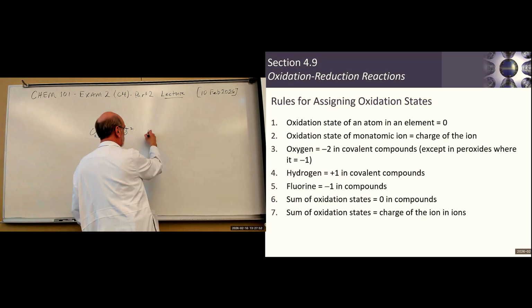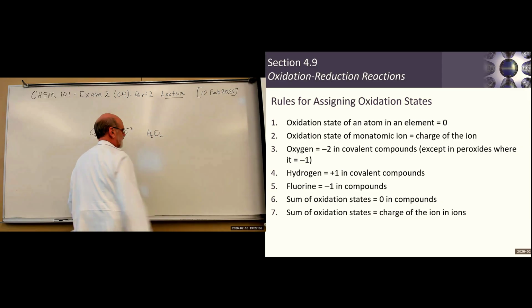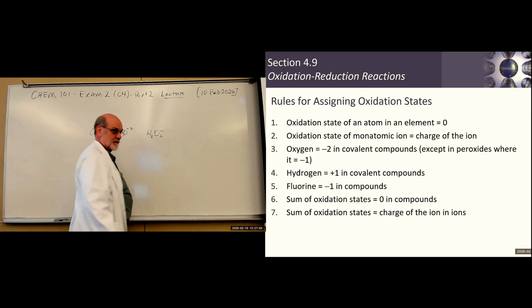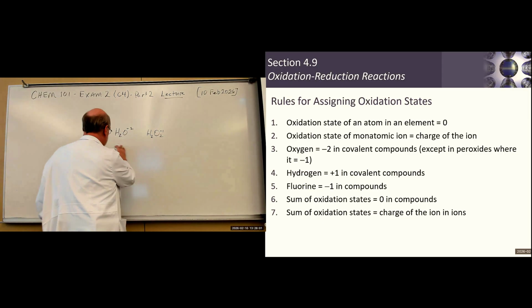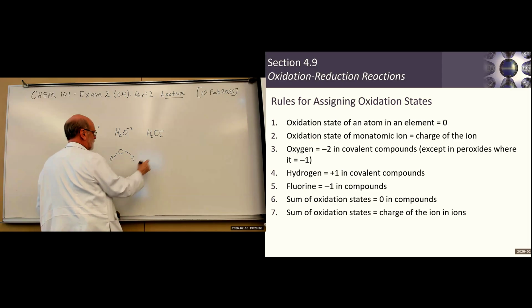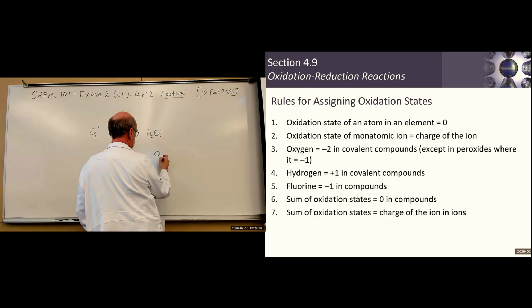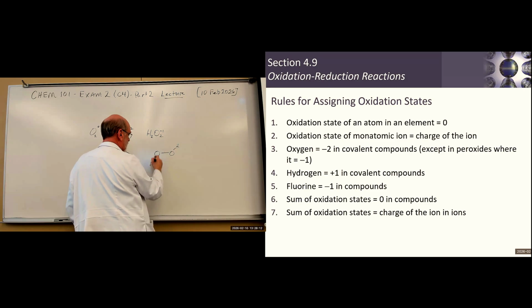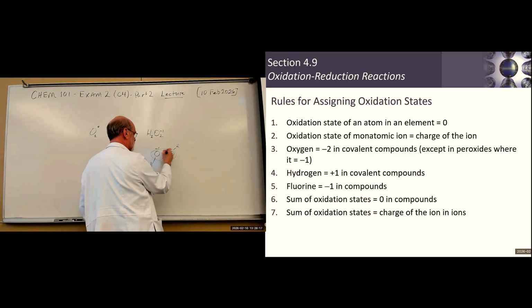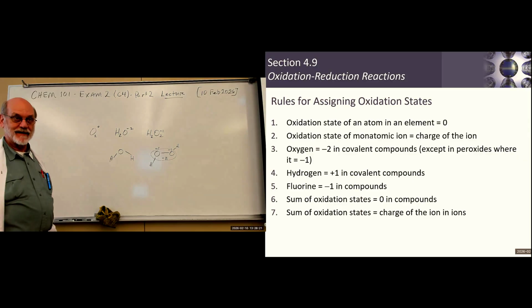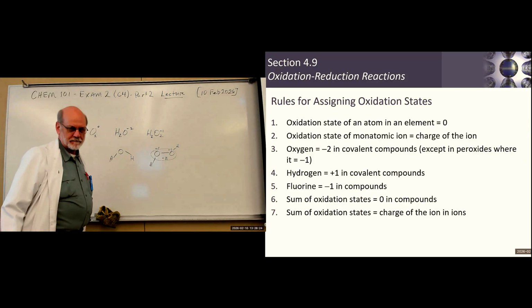But for this one, hydrogen peroxide, oxidation state is -1. So here you have oxygen and hydrogens here, and here you have oxygen and hydrogen here and hydrogen here, and together -2. So each one has to be a -1. Okay, that's only for peroxides.